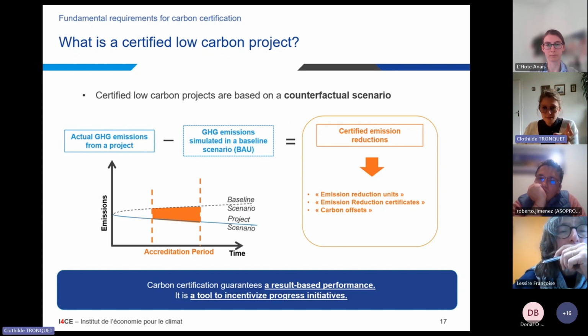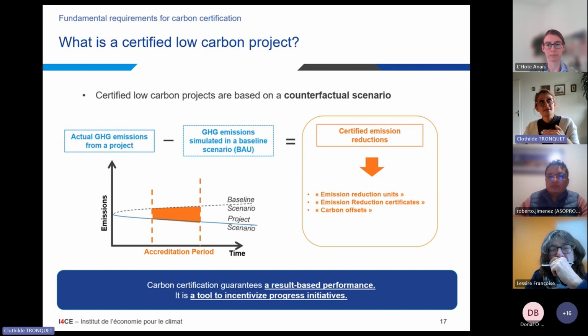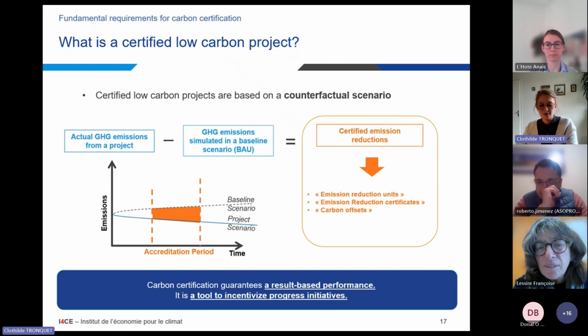The idea with this kind of evaluation is to have a payment that is based on results, on the performance. It's not enough to just have the means to do it. You have to actually prove what you did.